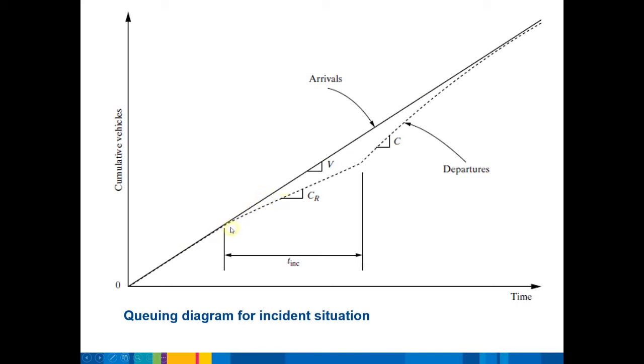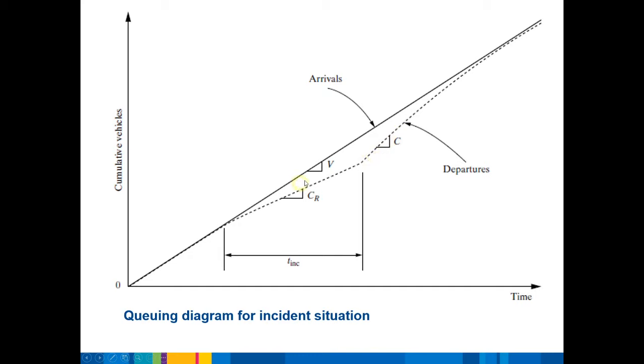Now, in addition to the incident having a certain time, the incident also has a certain reduced flow rate, so this is vehicles per time. That's the rate here, the clearance capacity CR. This is how quickly we are able to get vehicles out during the incident. And then once the incident finishes, this slope here, this is how quickly we are able to get vehicles out once we return to the flow rate C.